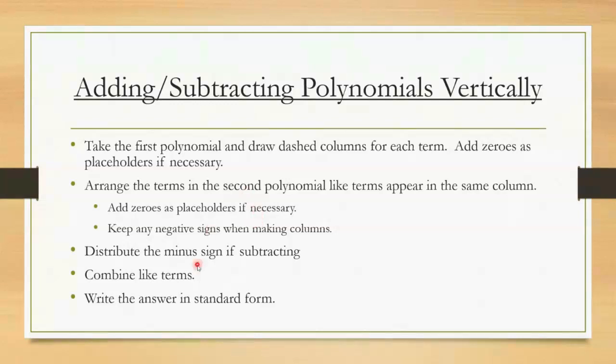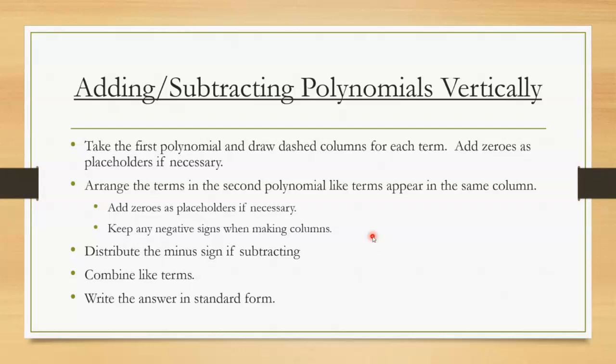And when you're adding, you're then just going to combine like terms. If you're subtracting, though, we'll see this later today, or if not the next time, you would distribute the minus sign. And then it's good to write your answer in standard form. Again, I wrote the process here. I feel like it's better demonstrated through example.